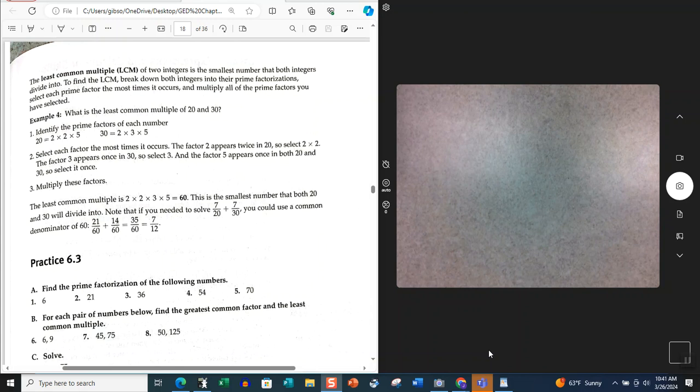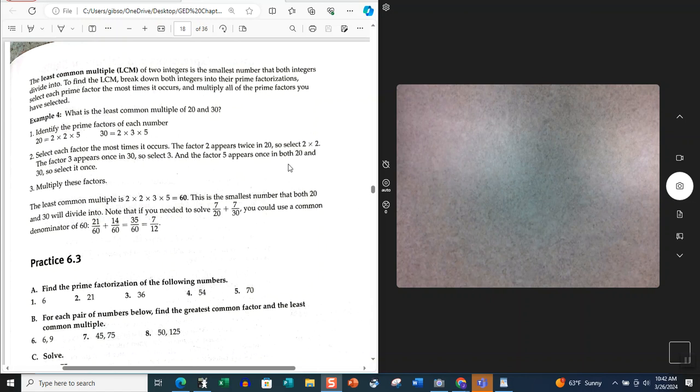What is the least common multiple of 20 and 30? Identify the prime factors of each number. As you see here, we have 2 times 2 times 5 for 20, and for 30 we have 2, 3, and 5. Select each factor the most times it occurs. The factor 2 appears twice in 20. That's more than what it appears in 30.